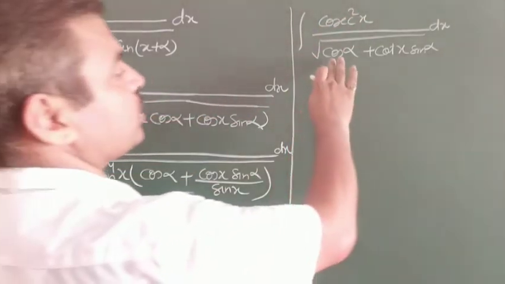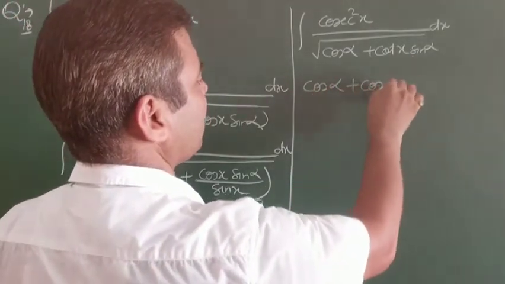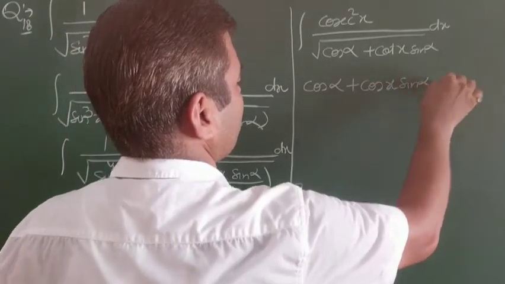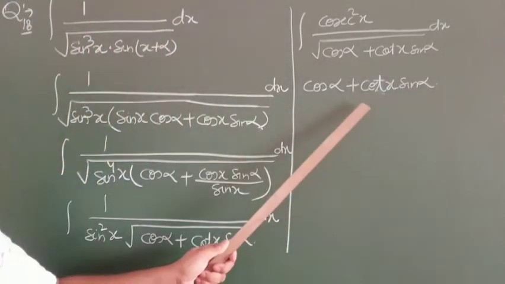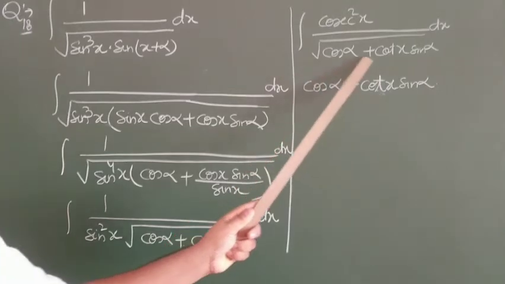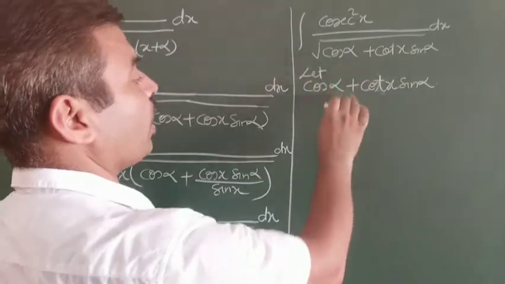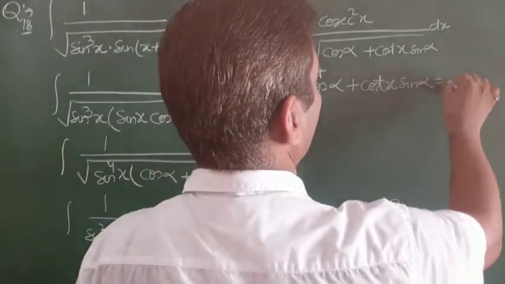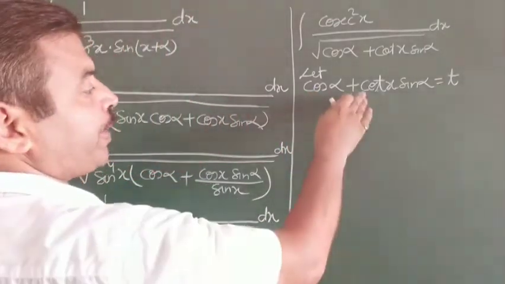Now this part we are going to suppose as t, because we know that cot x derivative is minus cosec square x. That's why we are going to suppose this part as t. Let cos alpha plus cot x sin alpha equal to t. We differentiate it with respect to x.